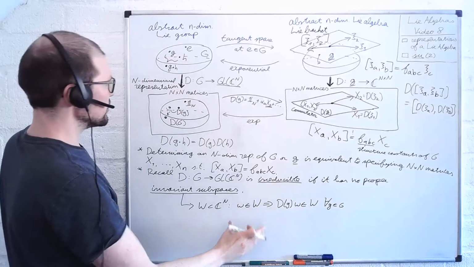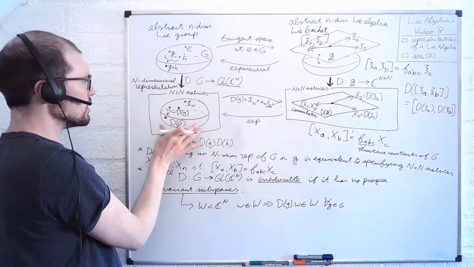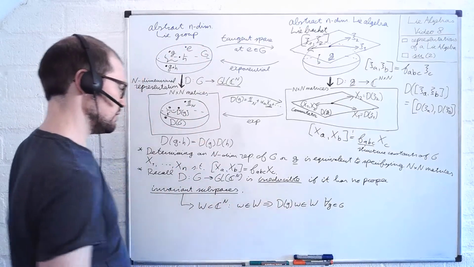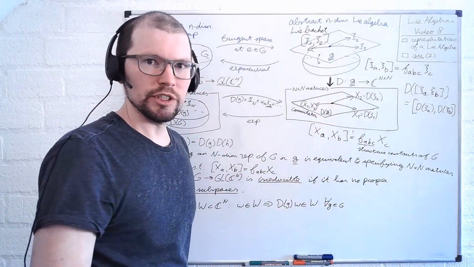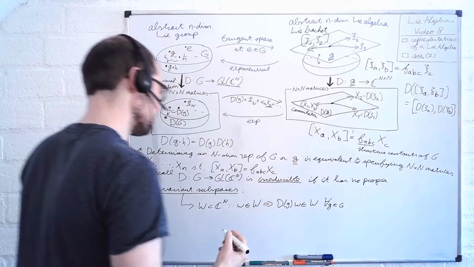So this tells me when a representation on the Lie group side is irreducible, but one can equally specify this property on the Lie algebra side.